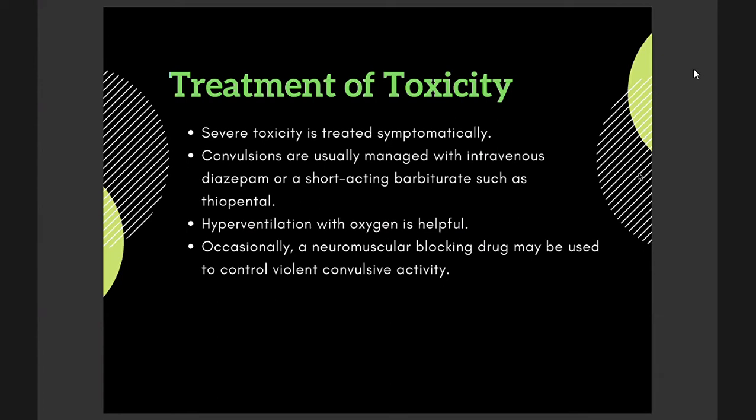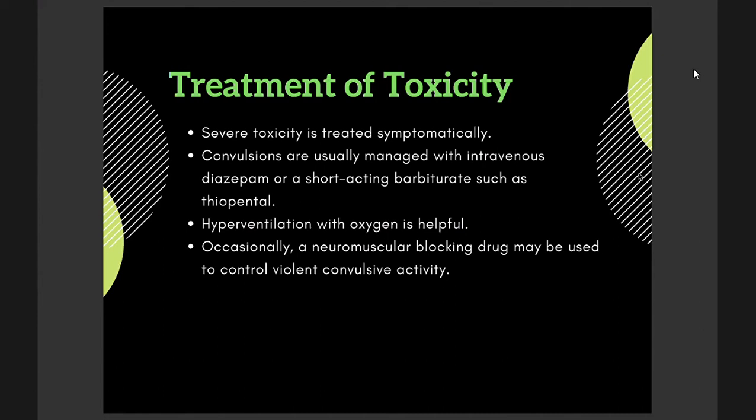Severe toxicity is treated symptomatically. The treatment is symptomatic and supportive to the patient. The very important thing that you should remember in treating is that you should have a good airway.